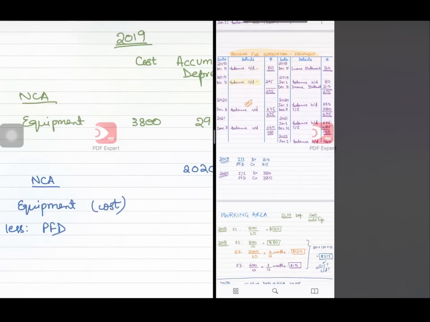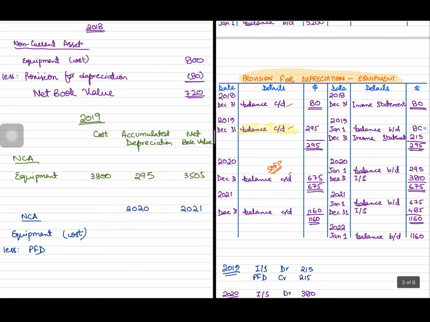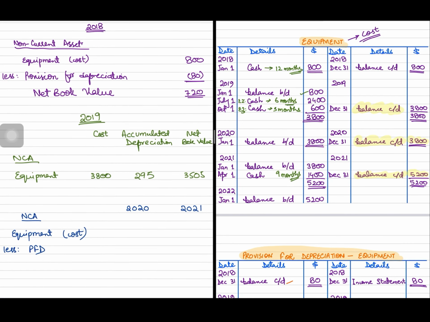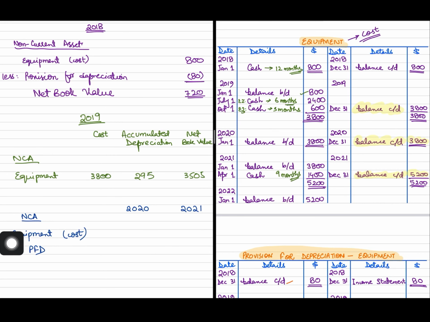So in 2020 we will write, 2020 is of course the balance CD figure for equipment, and that is 3800, and for 2021 it is 5200. So let's write that down over here, 3800, and for the year 2021 it is 5200 because we purchased one more asset in that year, right?